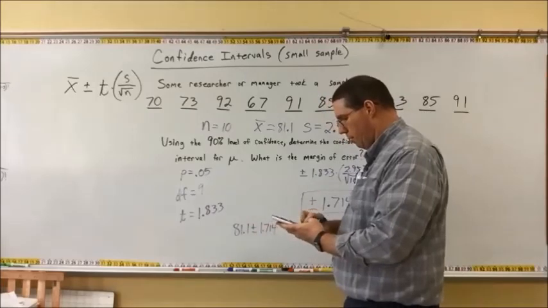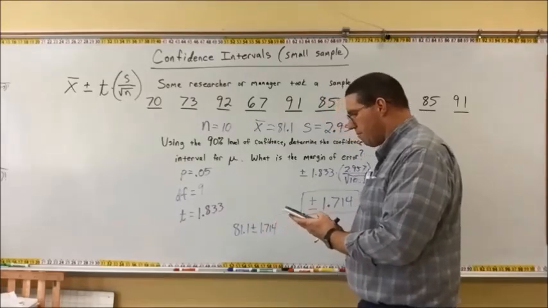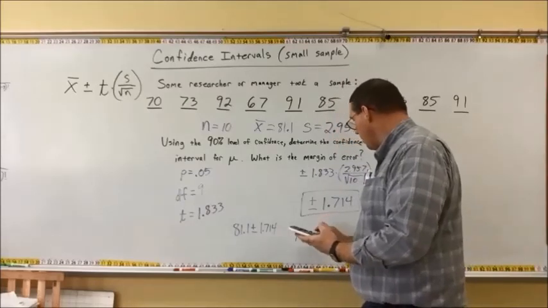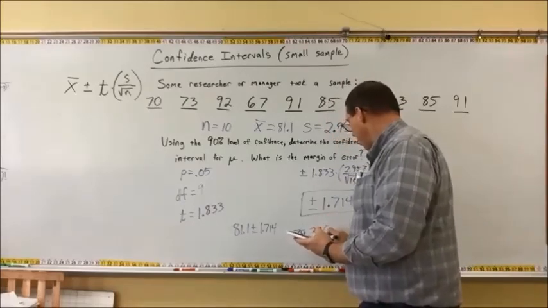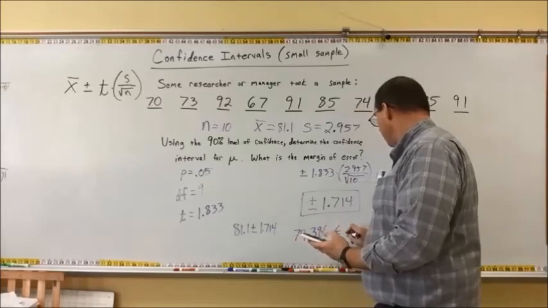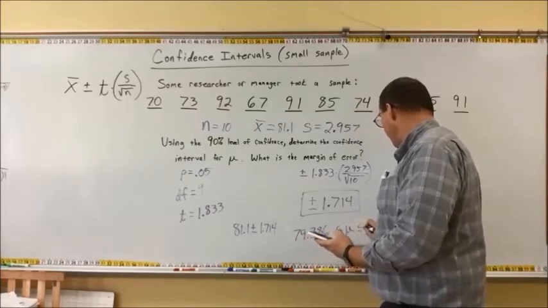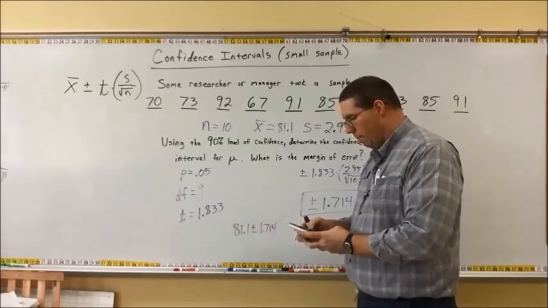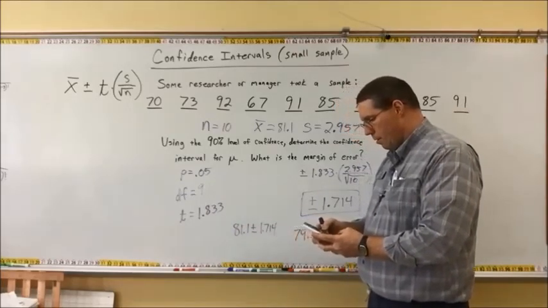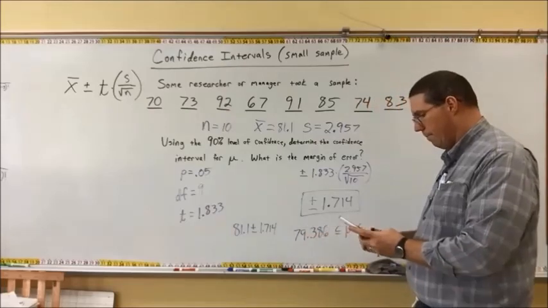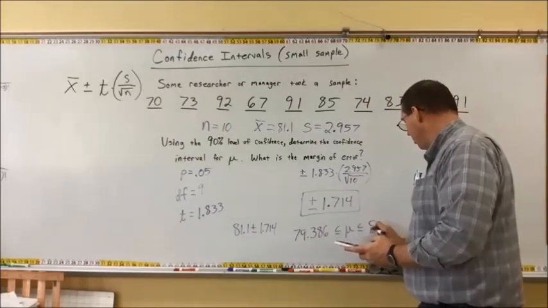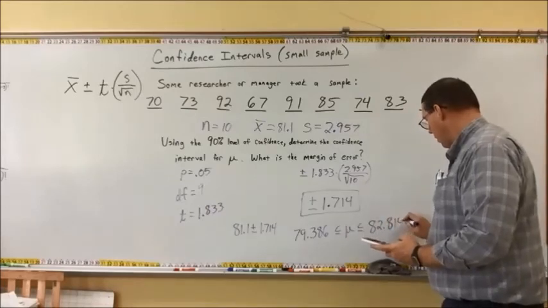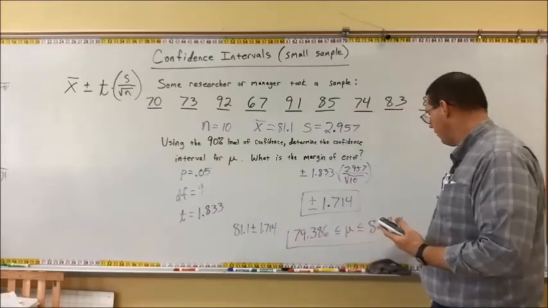Minus 1.714 gives me 79.386 less than or equal to mu, less than or equal to, and now we'll do 81.1 plus 1.714, and that gives us 82.814. This is our confidence interval.